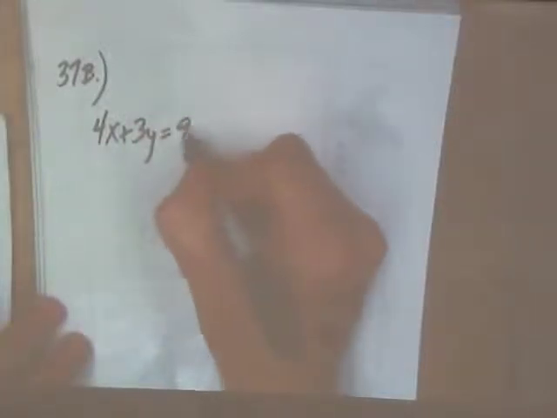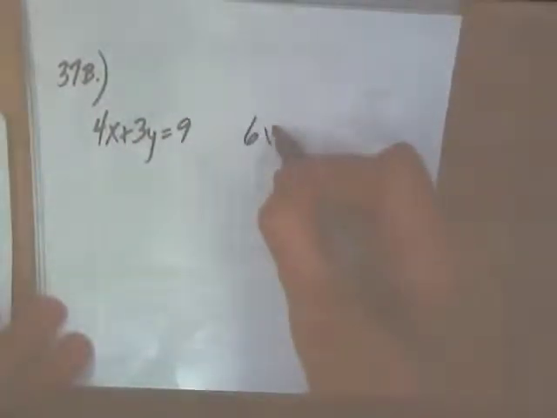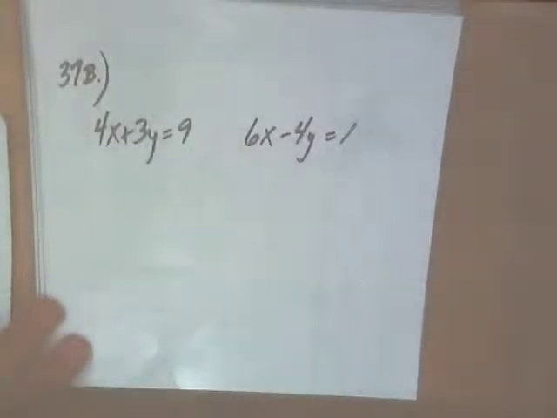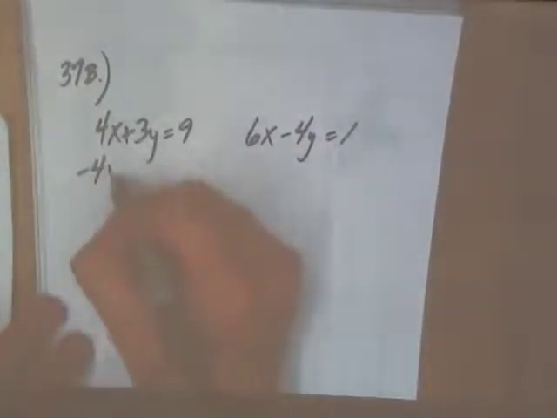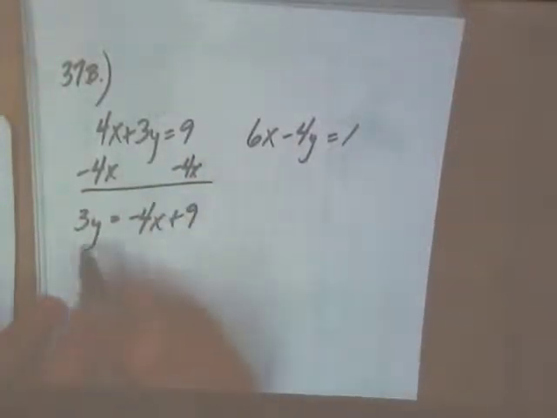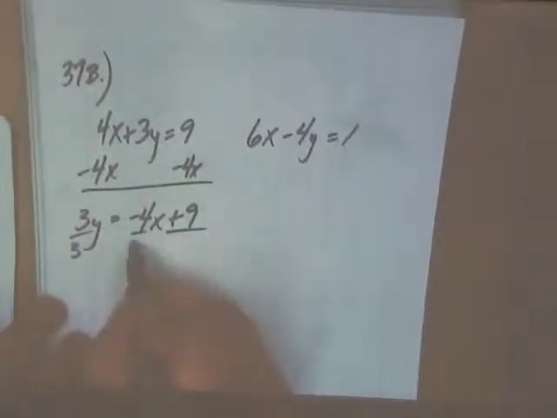Same thing, 4x plus 3y is equal to 9, and 6x minus 4y is equal to 1. Minus the 4x over, so I got 3y is equal to negative 4x plus 9. Divide everything by 3.